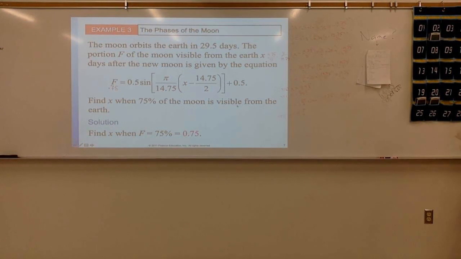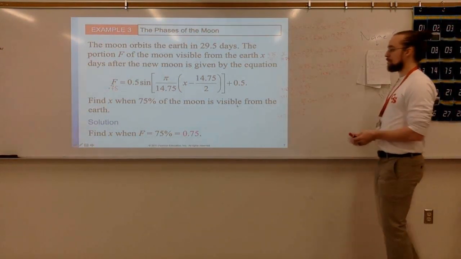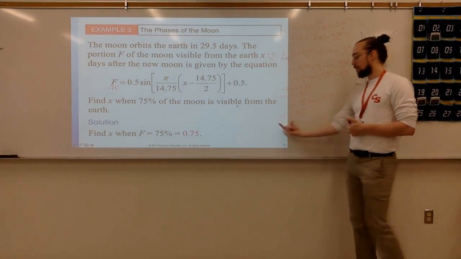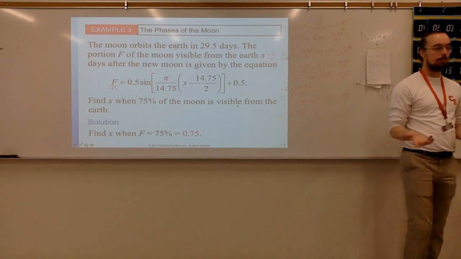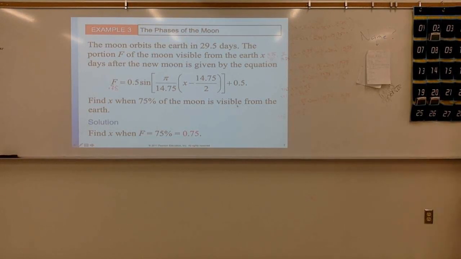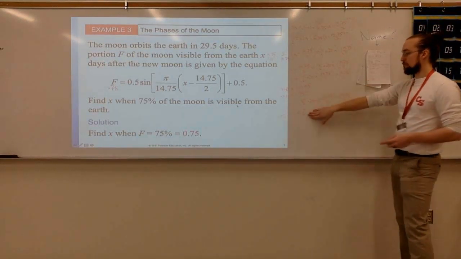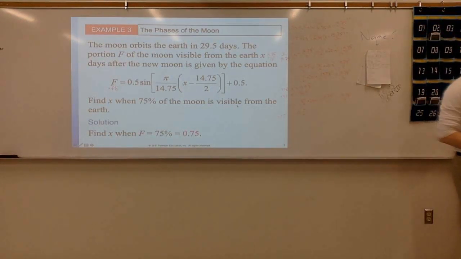I think it's pretty obvious that when we plugged in n equals 1 for this one, we get a number over 29.5. We would also get a number over 29.5 here if we plugged in n equals 1. So we get two answers: 9.83 days and 19.67 days.